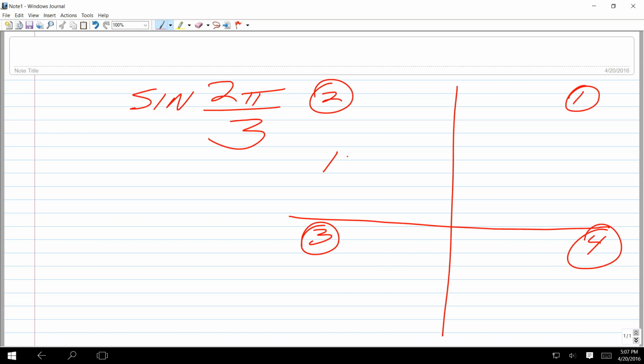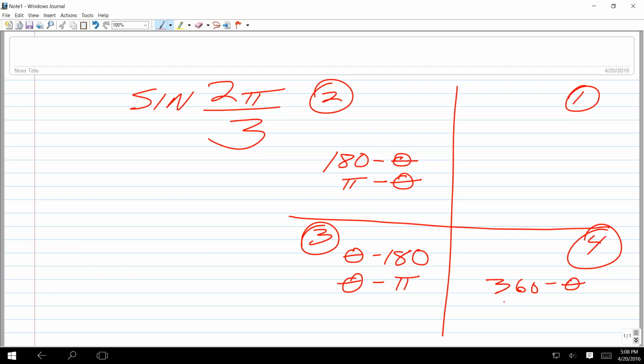The reference angle in the second quadrant is 180 minus theta, or if you're dealing in radians, it's pi minus theta. In the third quadrant, it's theta minus 180, or theta minus pi. And in the fourth quadrant, it's 360 minus theta, or 2 pi minus theta.